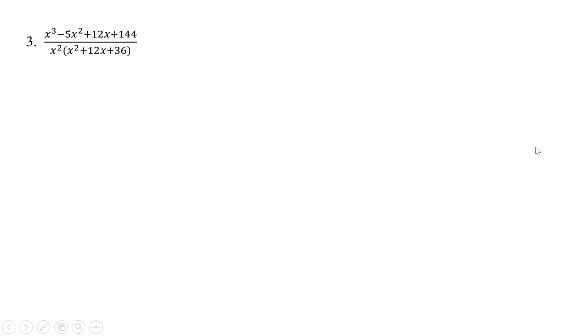All right. This one looks like we have it factored probably already, maybe x squared, maybe not. It looks like we can factor that denominator because we have an x squared, but I think if we take x plus 6 times x plus 6, that's going to give us 12x, 36.